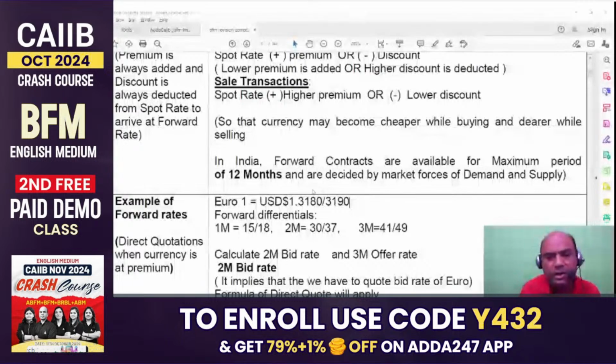I'll show you that numerical also when we solve it. They take the first digits after the point directly in the books. So that's why even I used to take the same earlier, 0.00 like that.